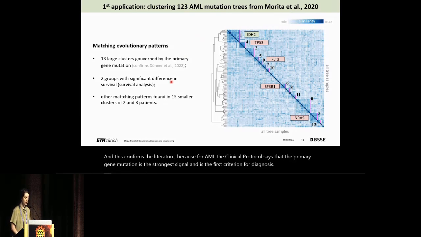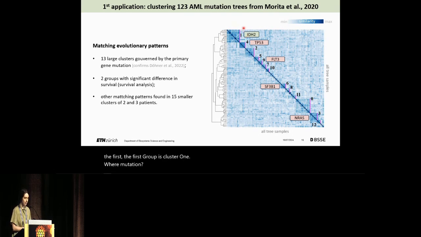Further, we applied survival analysis on the groups that we found, and the result was that we found two groups with a significant difference in survival. So I'm talking about the first group, cluster 1, where mutation IDH2 was governing the group.